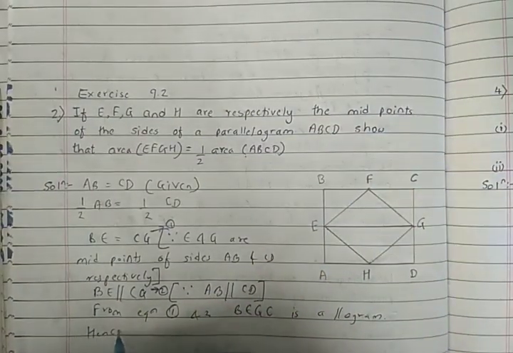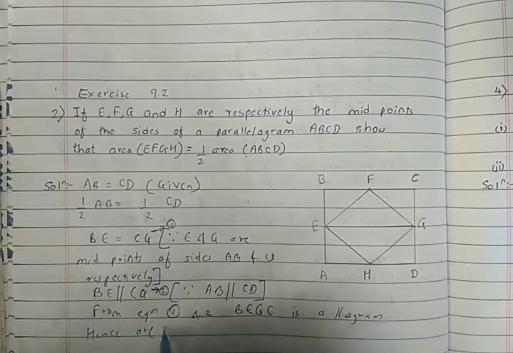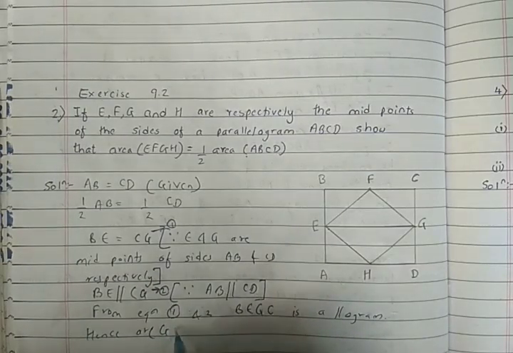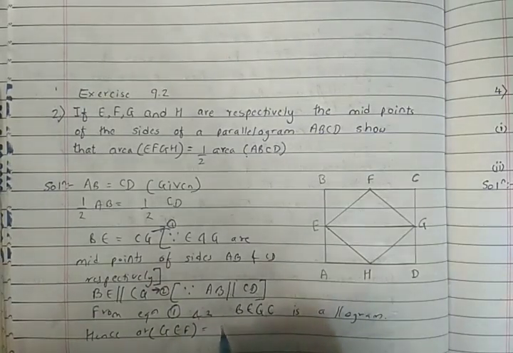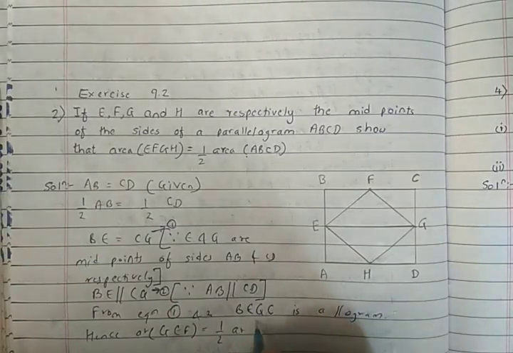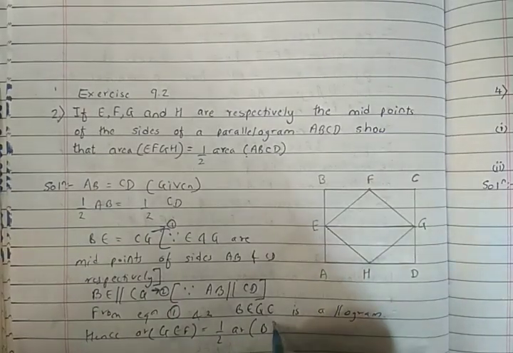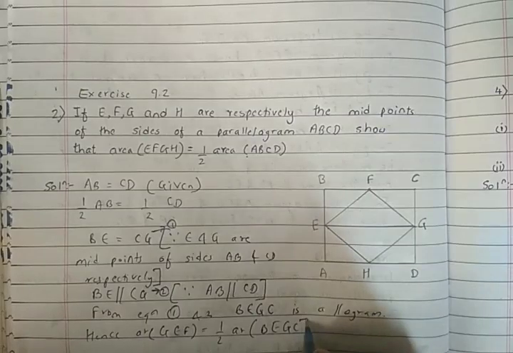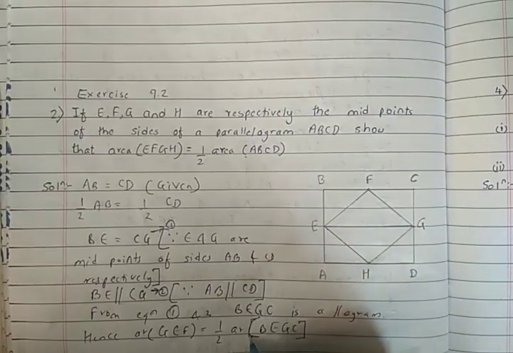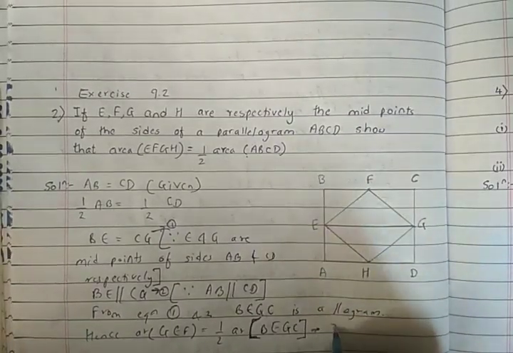Hence you can say that area of triangle GEF equals half of area of parallelogram BEGC. This we can name as equation 3.